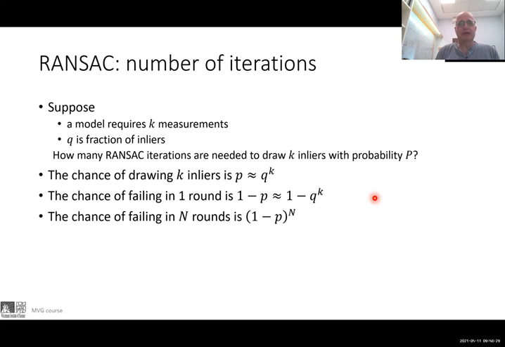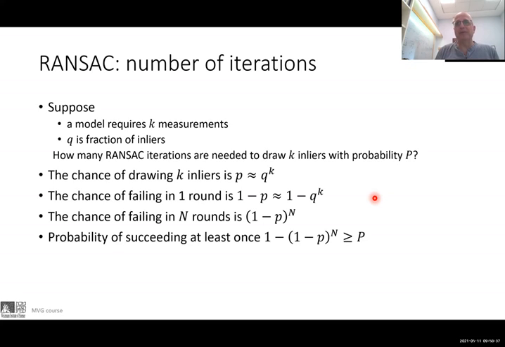So n drawings. And the chance of succeeding at least once is 1 minus that, and we want that to be at least as large as p.